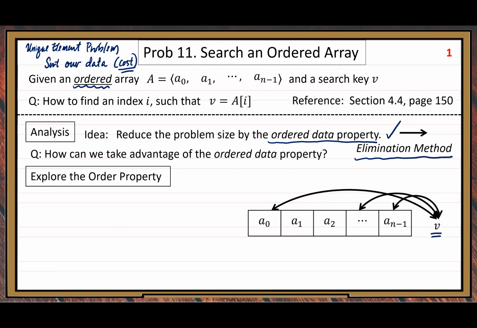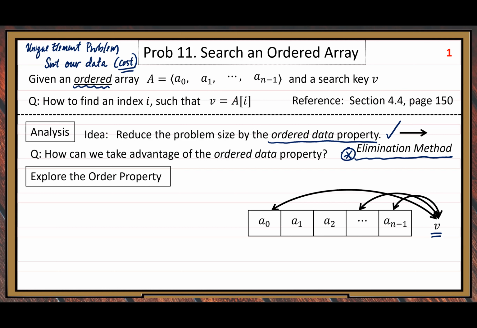So what do you mean best result? Because that description is still quite vague. We want to have some more accurate description as the best result. If we use this elimination idea, the best result means we can eliminate the maximum number of elements.